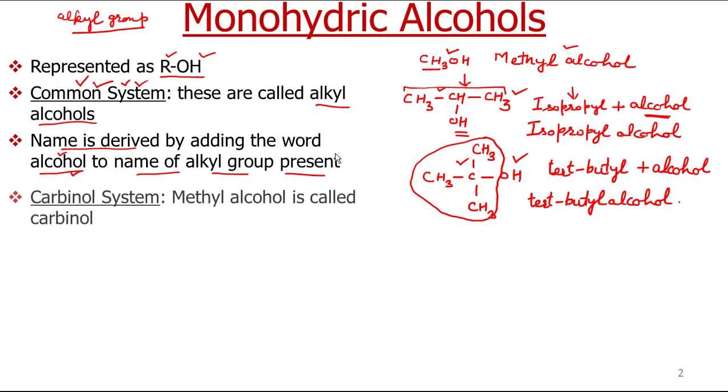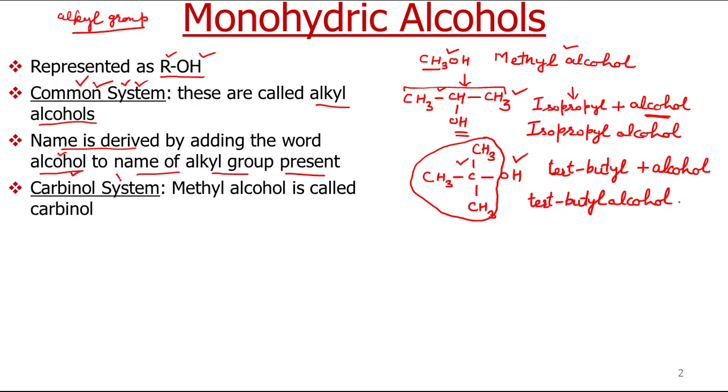The second system is called the carbinol system, and in this system the name of methyl alcohol, CH3OH, has been given as carbinol.